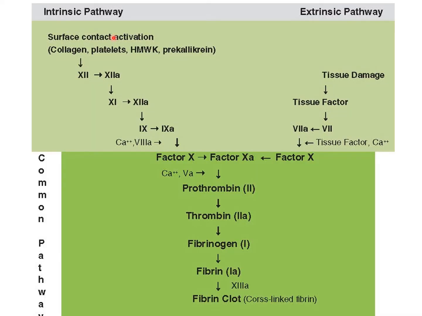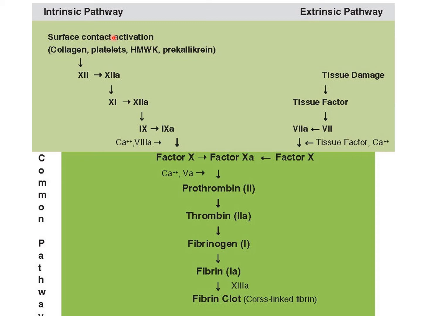You would have also learned in your previous sessions that the blood coagulation system consists of a variety of procoagulant and anticoagulant proteins which are normally present in the blood. However, normally the anticoagulants predominate and the blood does not clot because that would obviously impair the normal flow of blood.